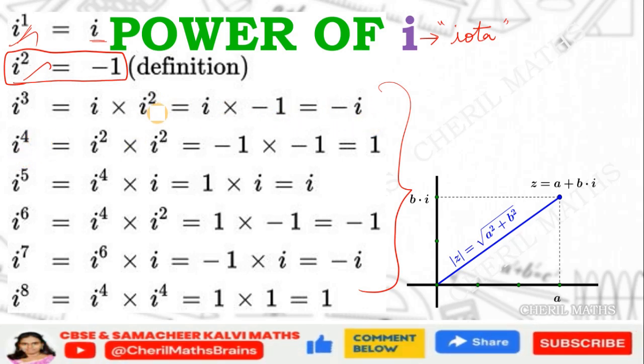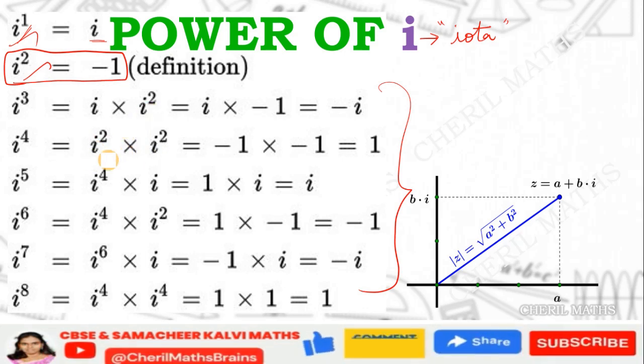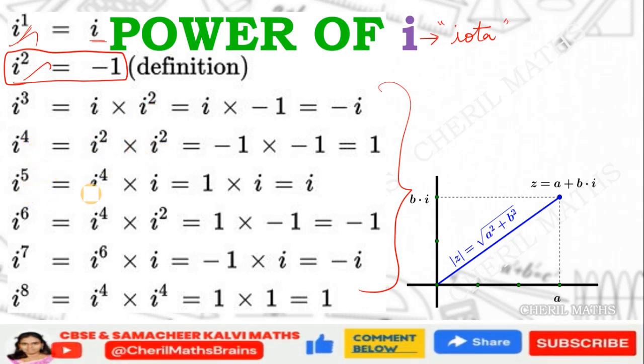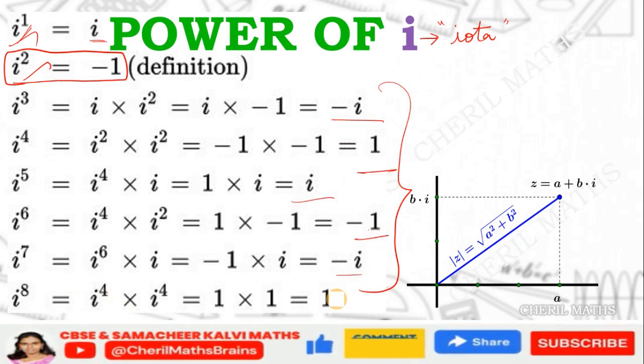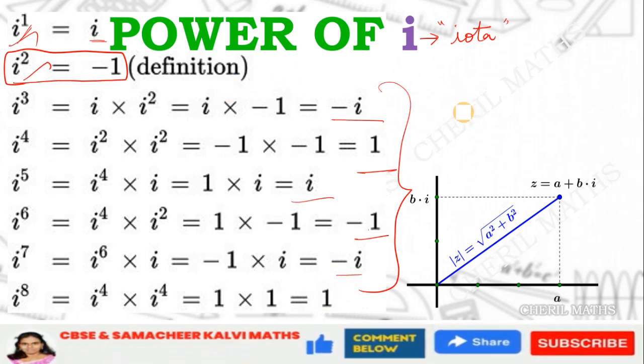For i power 4 we can multiply i square into i square. Likewise for i power 5, i power 6, i power 7 and i power 8, and thus we get all these values. When we are given smaller numbers this is easy.